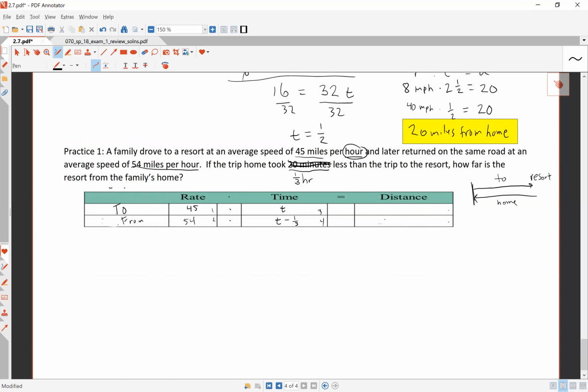Our boxes are filled in, so now we multiply 45 by T for the distance to the resort, 54 times T minus 1/3 for the distance home. Now we see that they drove the same distance to as home. So we have the same distance, 45T is the same distance as 54 times T minus 1/3.